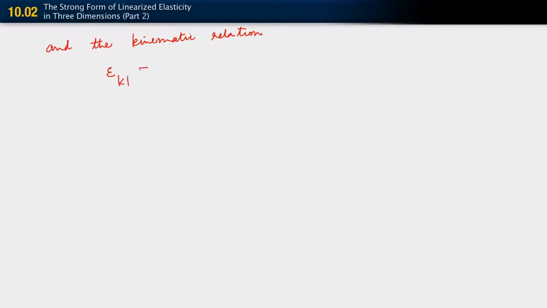Epsilon KL is 1/2 the derivative of another vector u with respect to x plus the symmetrizing term. I should make it clear that that is L, not I. Okay? Right, so we have this kinematic relation.